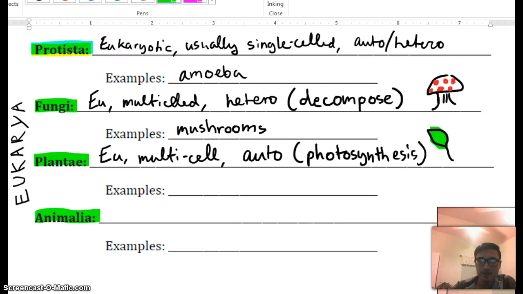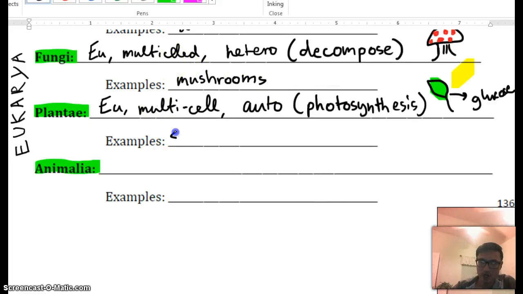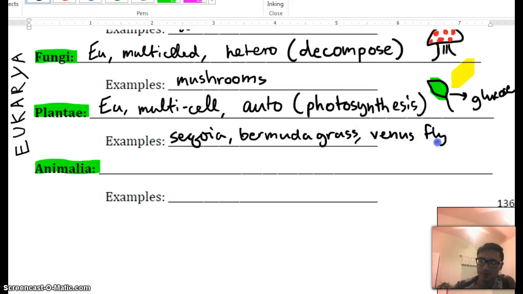And what happens is there's beams of sunlight that come in, and because of that, they're able to make a very important food called glucose. All right? I'm sure you guys know some examples of plants. We have giant sequoia trees out in California. We have the grass that grows on your lawn, might be Bermuda grass. We have really cool plants like the Venus flytrap. I mean, you guys could make a list longer than my list.